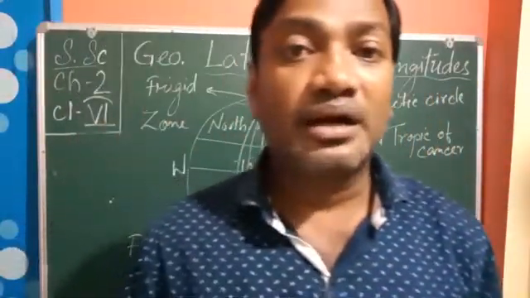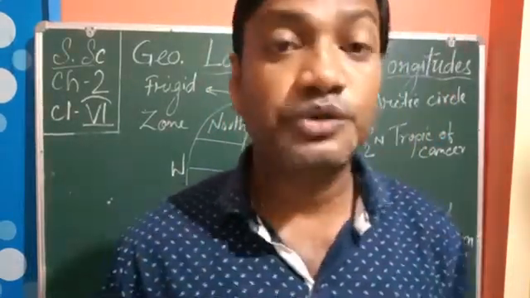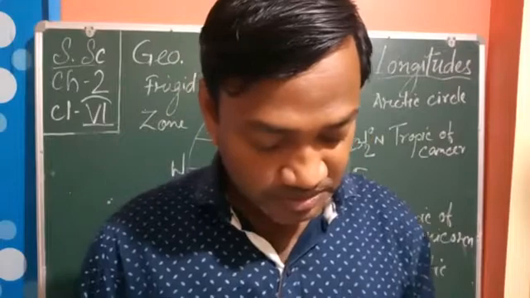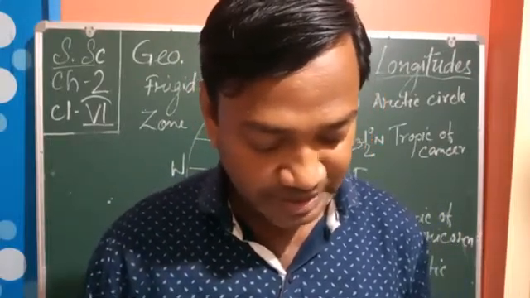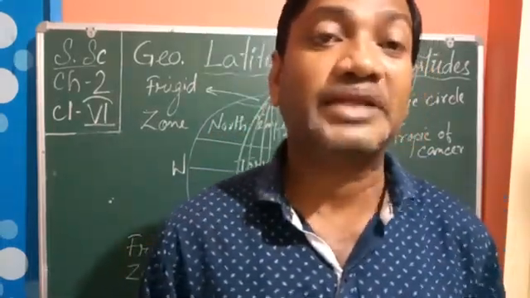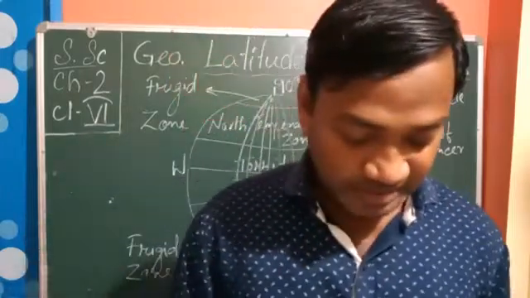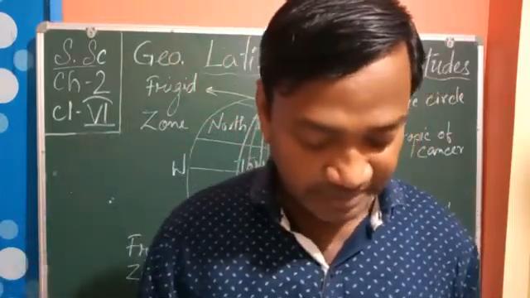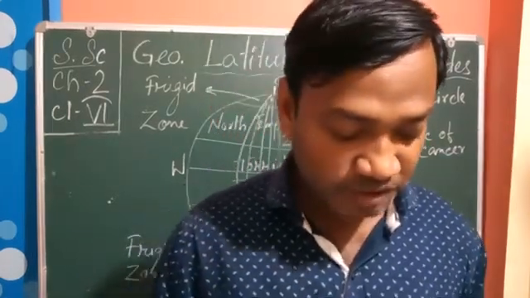Here one example is given in your book. You can see figure 2.10. It shows how the location of a point on the earth's surface is determined by its latitude and longitude. How with the help of latitude and longitude we can locate a place. Now here you can see point P. Point P lies on the parallel of 50 degrees north.